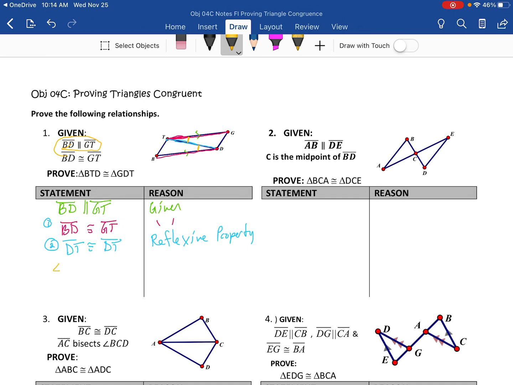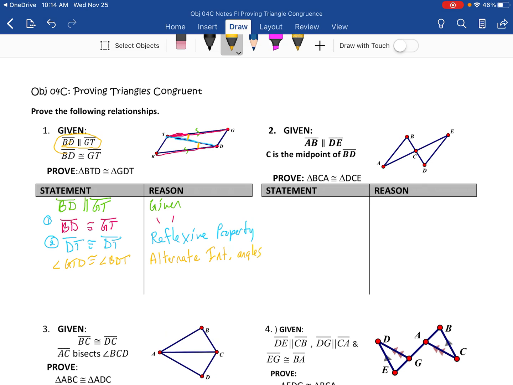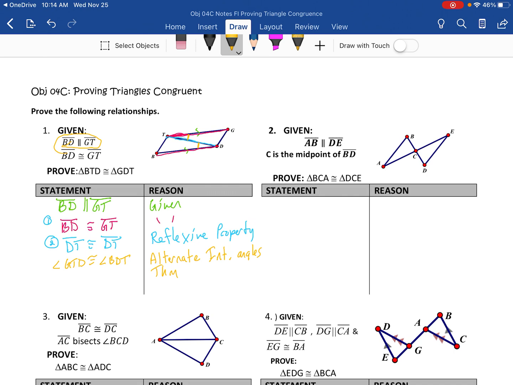I know that angle GTD must be congruent to angle BDT. And we have this name. This is alternate interior angles theorem. Which just says the alternate interior angles on parallel lines have to be congruent.